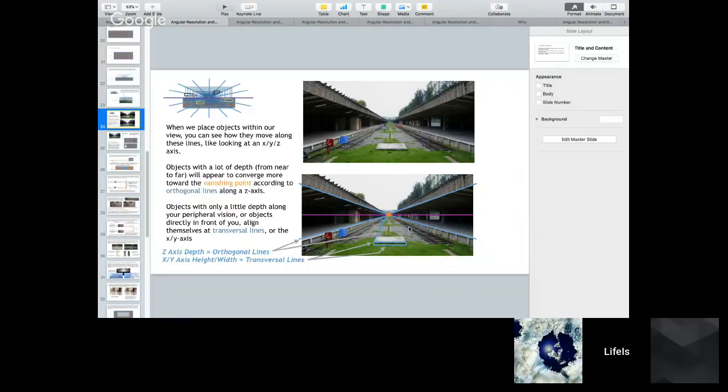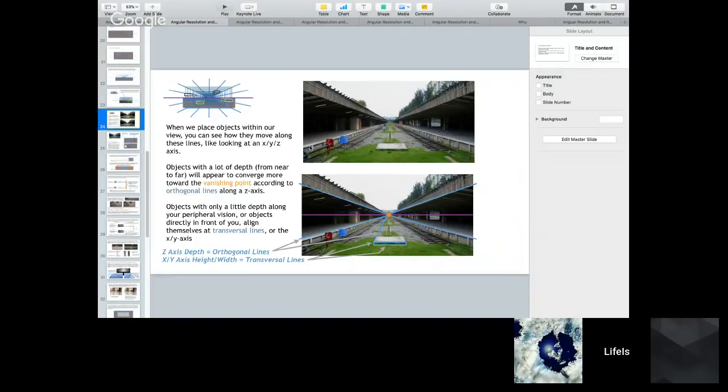If you were to model something, you need to make sure that as it moves straight away from you, it goes along orthogonal lines. What's really weird about photos like this is that these are straight, parallel lines, all parallel to one another in real life, and you've just converged everything within your vision.